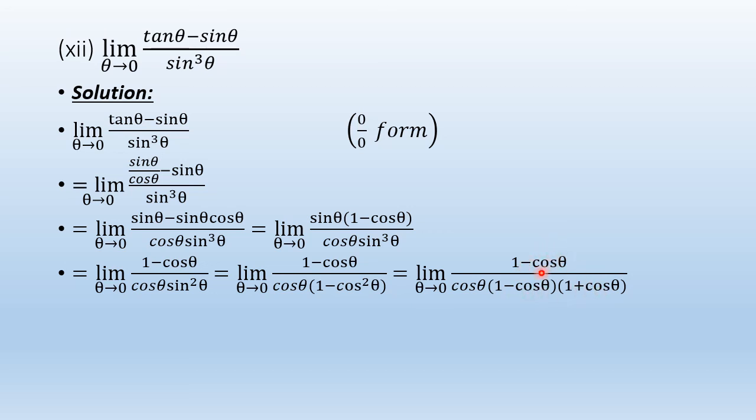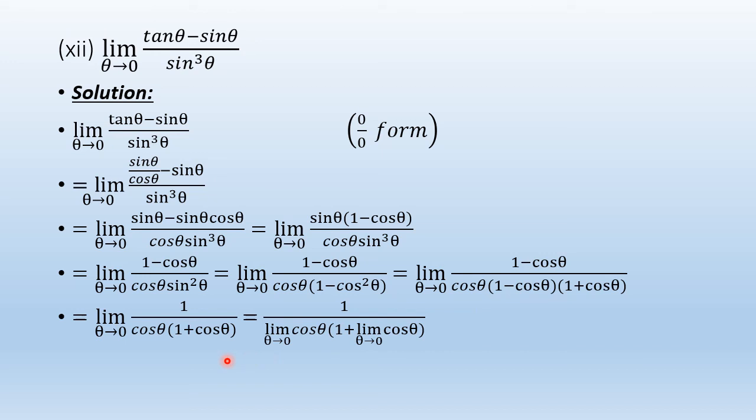Now these two got cancelled, and now we can apply the limit because 0 by 0 form is no more there. So we will apply the limit here, and we will apply the limit here. In both cases, limit when θ tends to 0, cos θ becomes 1. So I will get a 1 here, and I will get a 1 here. So I will get 1 by 1 into 1 plus 1, that is 1 by 2, and that is the answer.